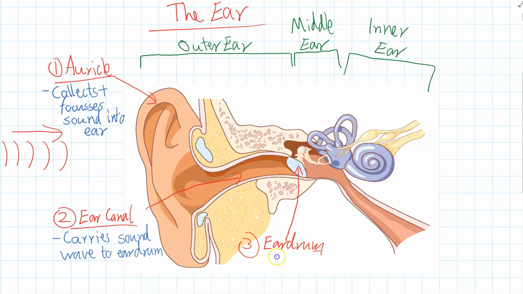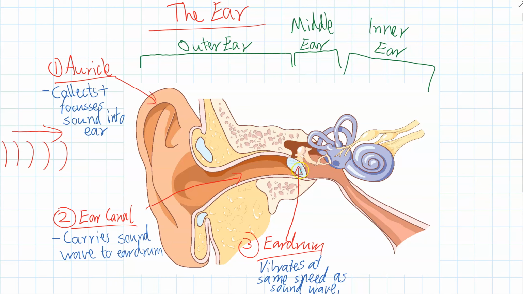And that's the third step. So it vibrates at the same speed as the actual sound wave. And we call that at the same frequency.